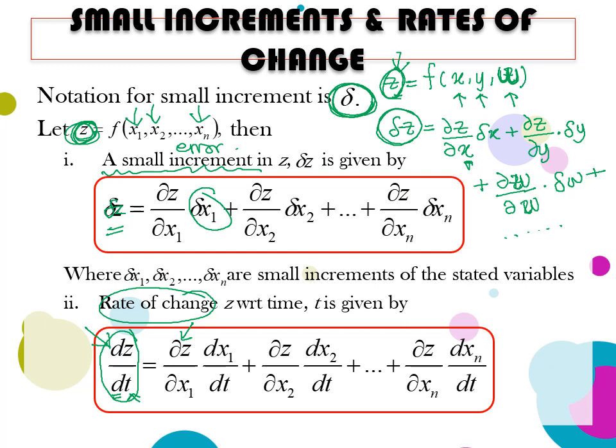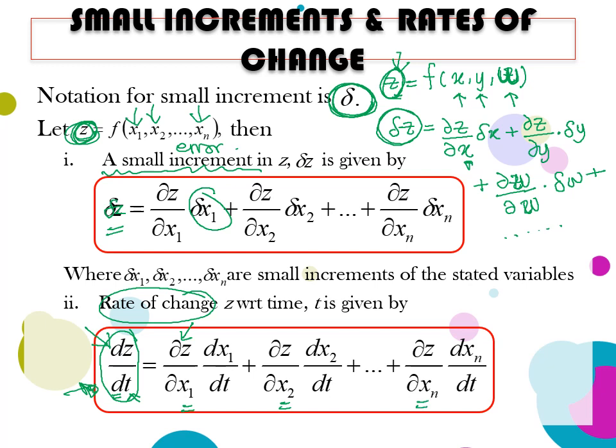Okay, so you'll be using this formula in order to find your dz dt, the rate of change of function z with respect to time, and the formula is the same as you do for small increment. You need to partially differentiate your function with respect to each variable that you have.